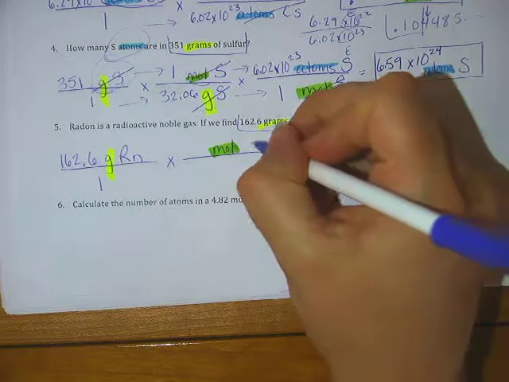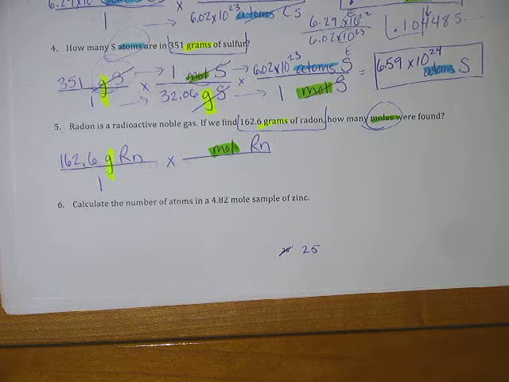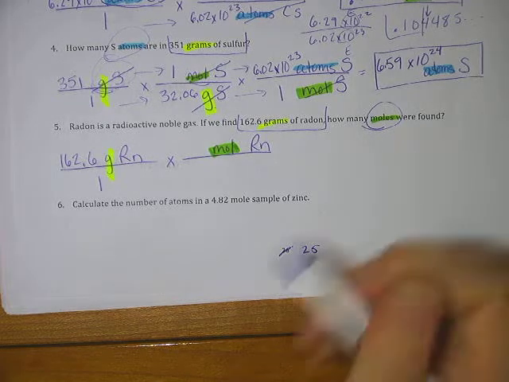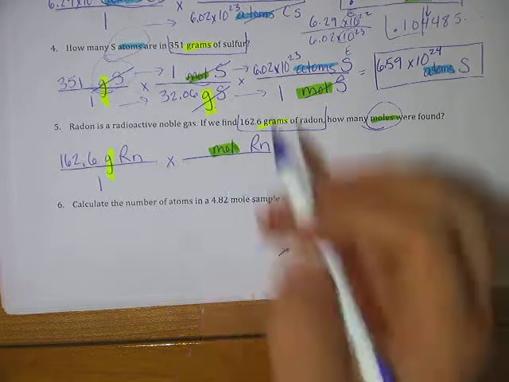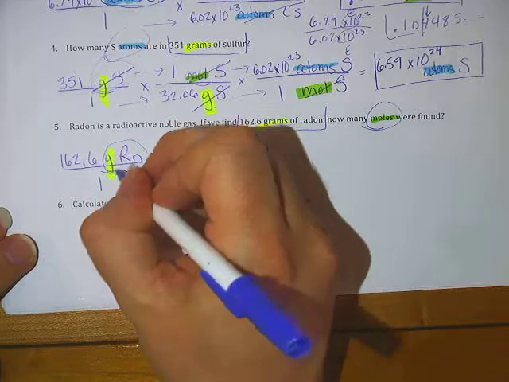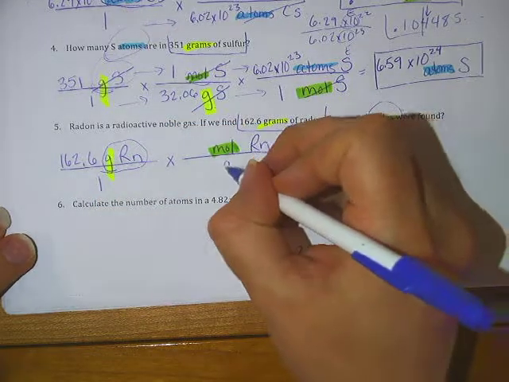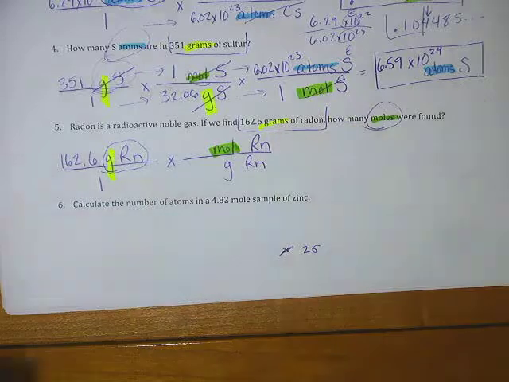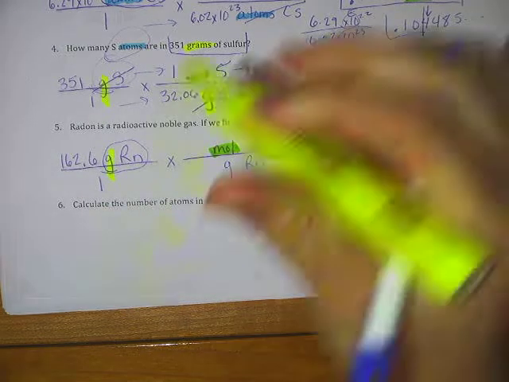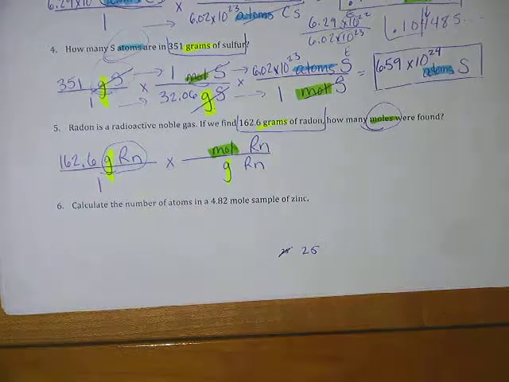And this is still radon. This whole problem is radon. And for this bottom part of my last fraction, remember what goes up must come down. So grams of radon are also going to end up on the bottom here.